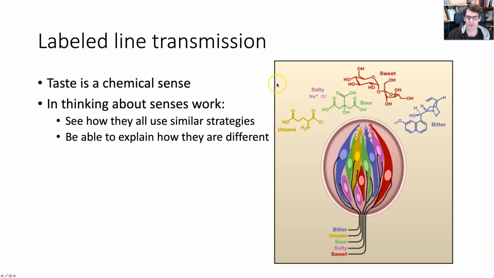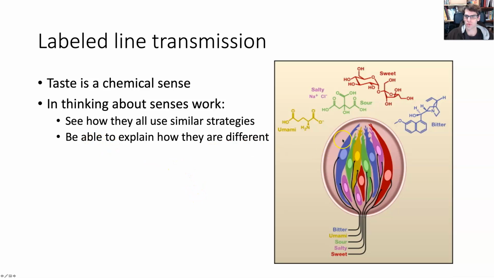That's as opposed to touch or hearing, which are mechanical senses, where a physical movement causes them, or vision, which is detecting light or photons. That's a little different in itself. They all use a similar strategy, but they're all a bit different, and you should understand that across the senses.